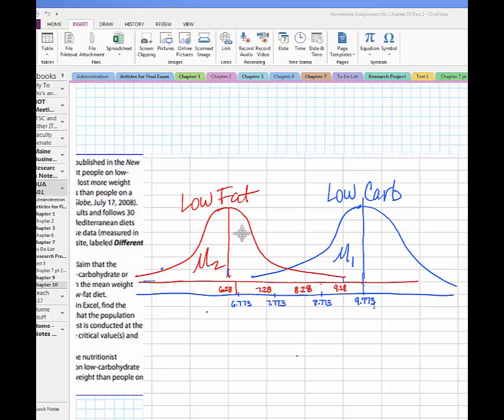So we know already that 9.733 is definitely larger than 6.28, but the question we're trying to ask is, is 9.733 enough larger than 6.28 such that these tails right here don't overlap so much that they're not really different? So what we're going to do is conduct a test to see if, not just if the means are different, but essentially if the means and associated variation are indeed different.